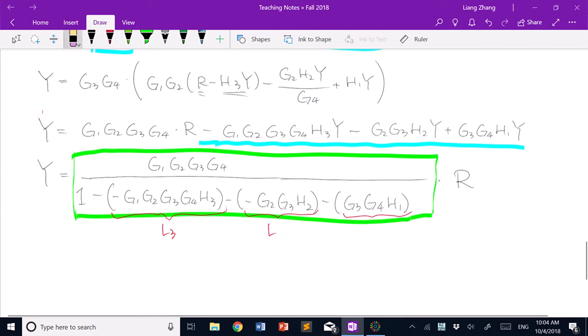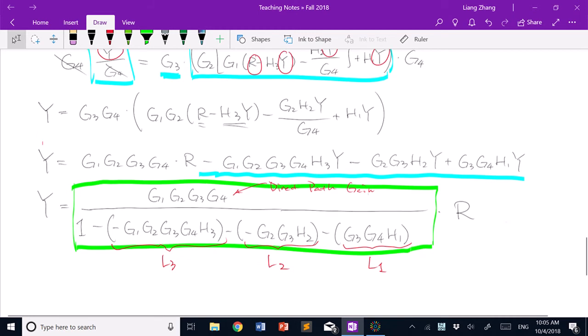I'm sorry, this is L2. And this is L number 1. So we have the 3 loop gains here, and this is my direct path gain. Now basically we prove that this rule, that the transfer function is equal to the direct path gain over 1 minus the total loop gain, still holds even for a slightly more complicated system.